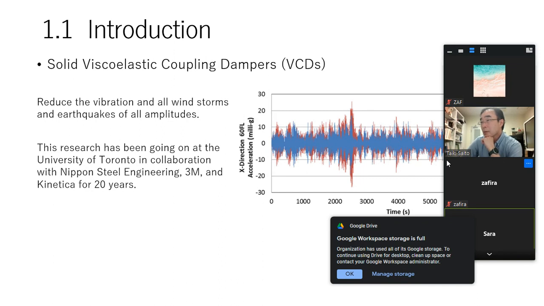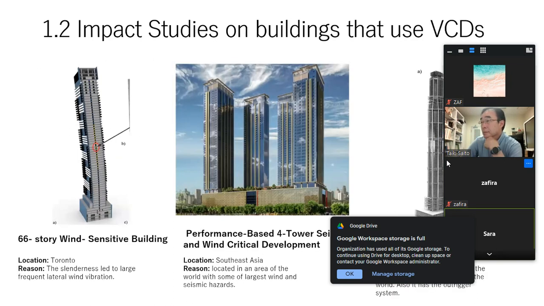Next, I'm going to talk about impact studies on buildings. Here are 3 examples. The first one is a 60-story wind sensitive building located in Toronto.